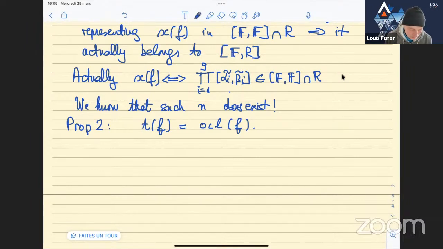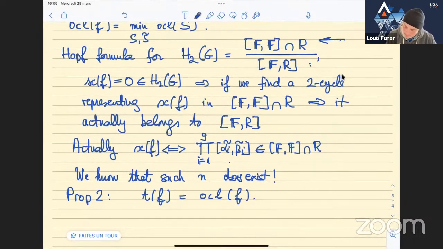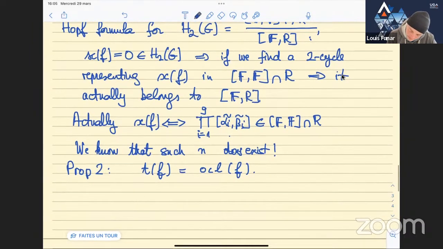If you want, I'll say more later. The drawback of this theorem, which gives you some algebraic definition for T of F, is that I'm sorry to say it's somewhat useless. I'm not able to compute with it. It is more or less like the computations with the Hopf formulas, which are very hard to do. So one still has this question.